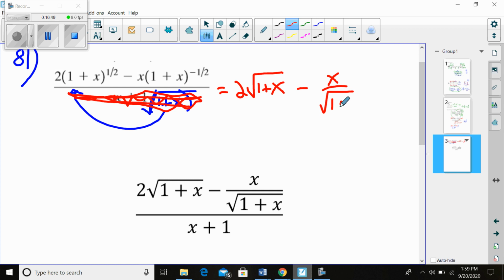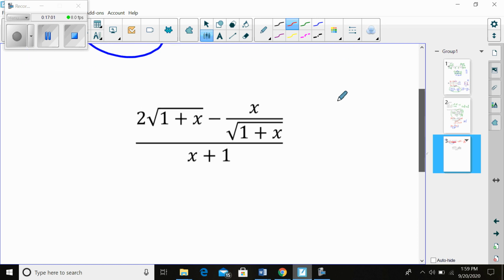Because it's only being multiplied by the x. So I hope this representation helps you see why the x plus 1 doesn't come down here, the radical x plus 1. The radical x plus 1 is only underneath the x. Okay, so again, we have a complex fraction, a fraction within a fraction, and we only have one denominator, right? That denominator is 1 plus radical x.